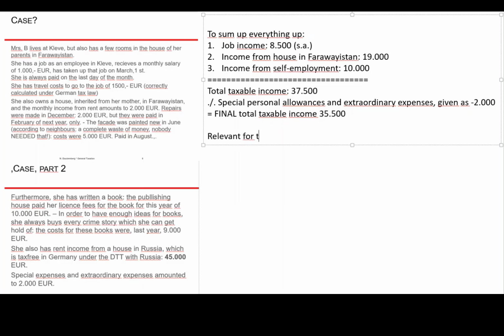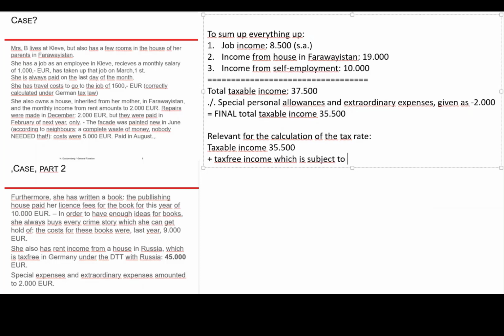Relevant for the progression calculation or calculation of the tax rate is what? Taxable income, 35,500, plus tax-free income which is subject to progression calculation, plus 45,000.